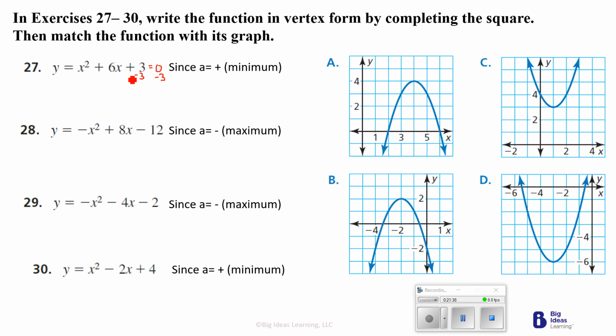So we're going to have 3 squared. So we should have x plus 3 squared over here. And then we're going to subtract 6.